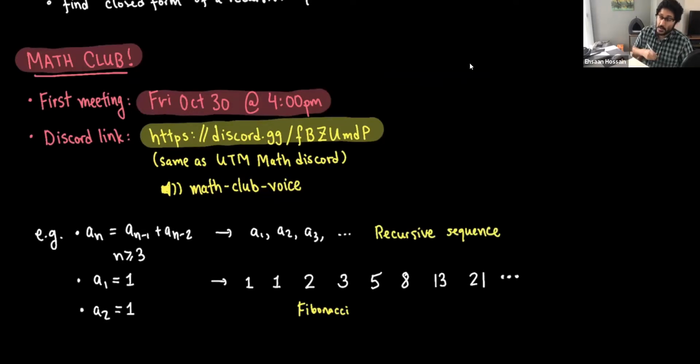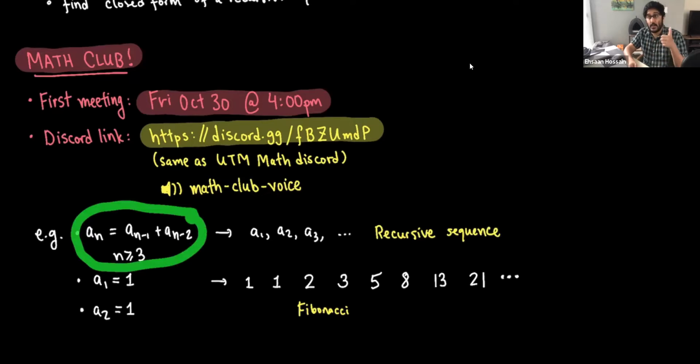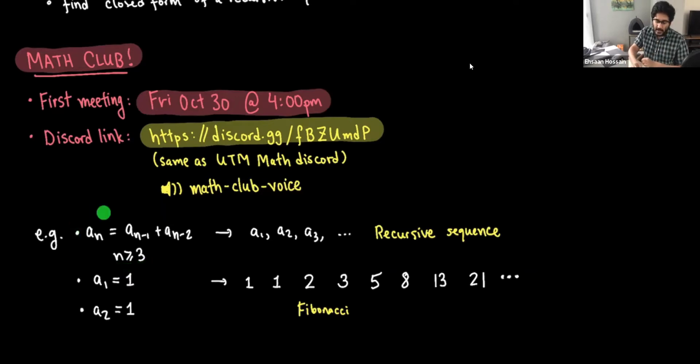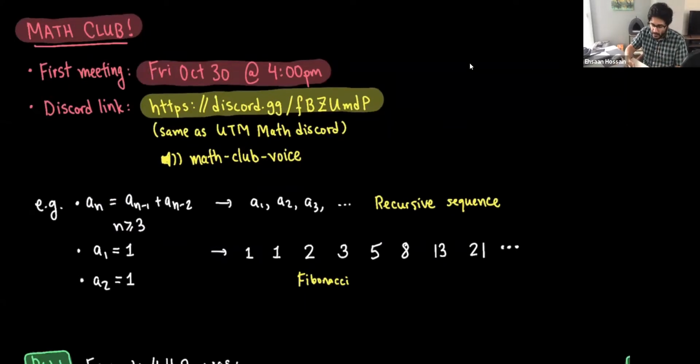What I want to do is show a couple of inductive techniques you can use to prove that a recursive sequence is bounded, or to prove that a recursive sequence has a closed form. Like here, if I wanted to ask you what's A69 or maybe A73, if I wanted to ask you for some random value in the sequence, what's A73, you'd have to calculate the first 72 terms before you can get there.